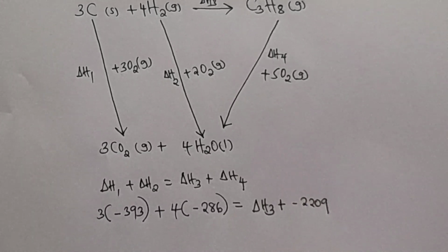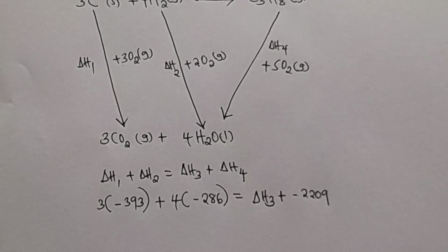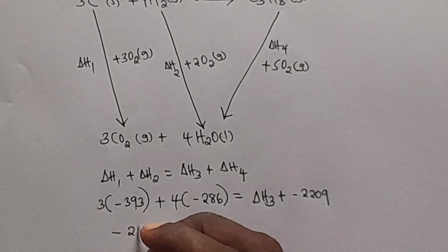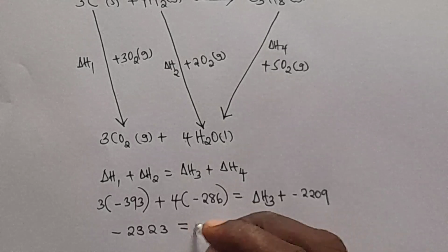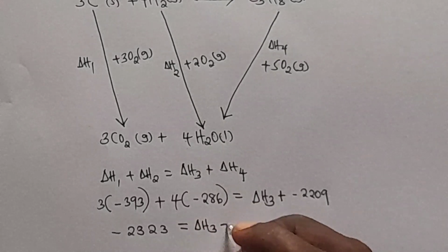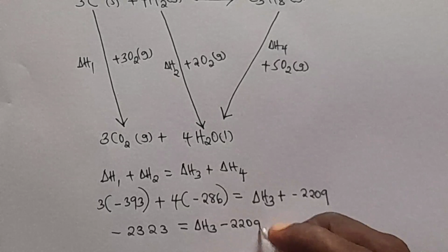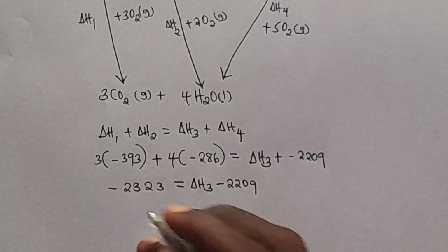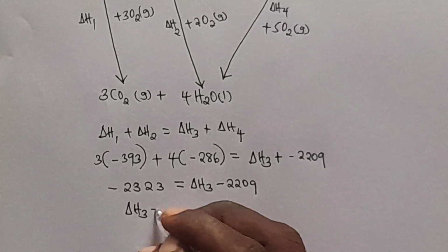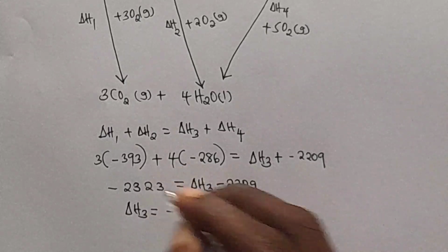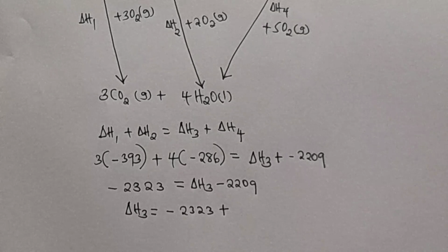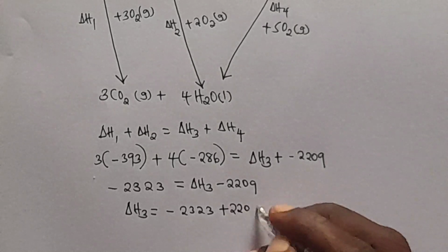Okay, if we put all this in the calculator, we are going to get negative 2323, which will be equal to enthalpy 3 minus 2209. If we want enthalpy 3, we are supposed to say negative 2323, then this one will go to the other side and become positive 2209.